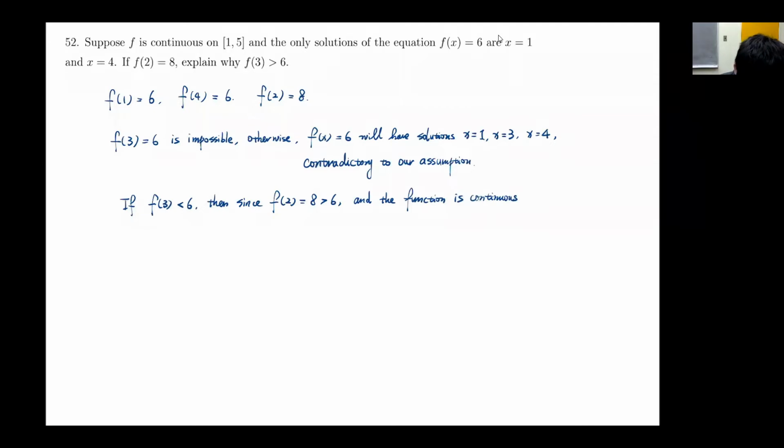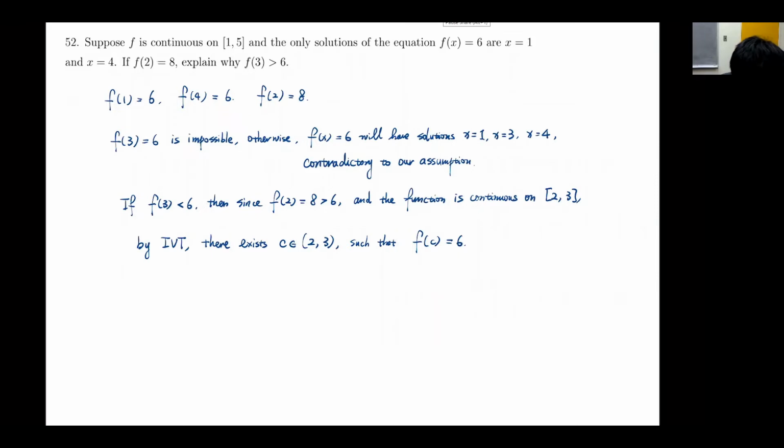Originally the function was continuous on 1 to 5, and 1 to 5 contains the interval 2 to 3, so in particular the function is also continuous on the interval 2 to 3. Collecting these facts and applying the intermediate value theorem, there exists a number c between 2 and 3 such that f of c equals 6.